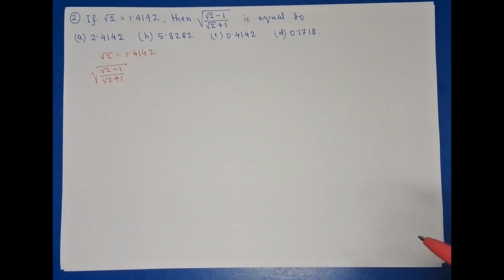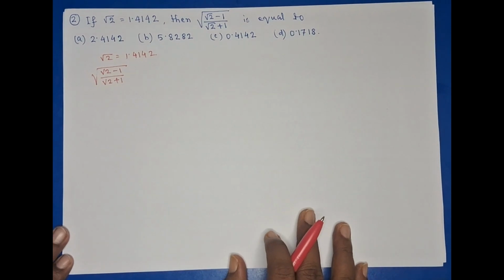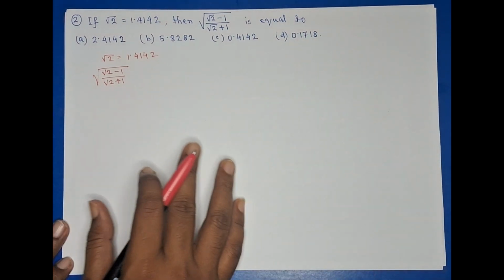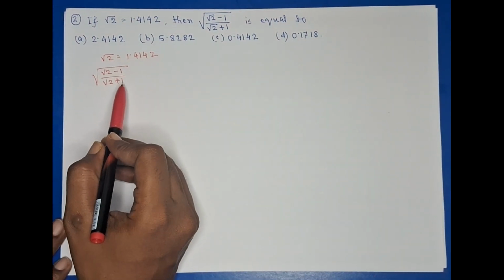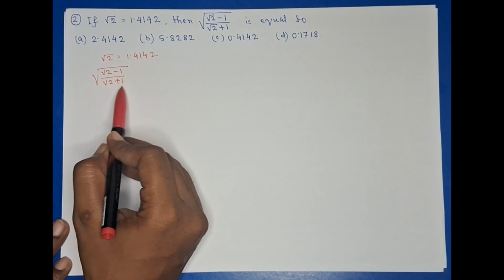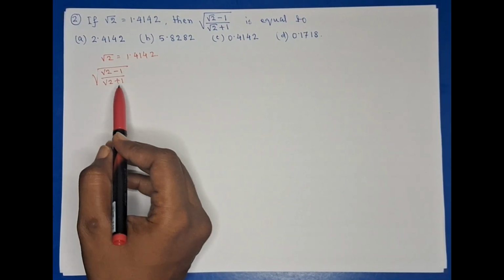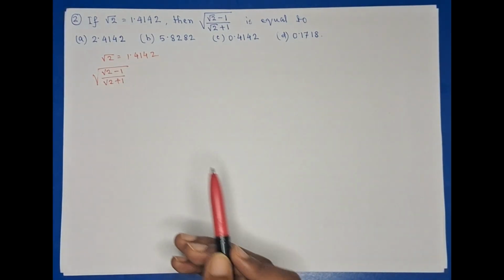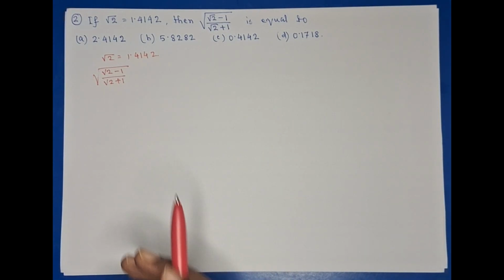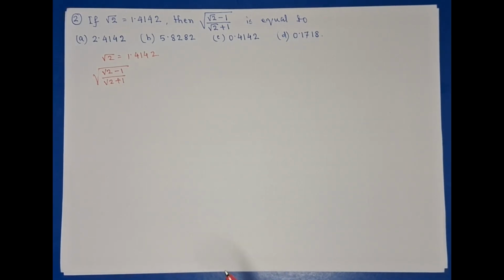And now square root of (root 2 minus 1) by (root 2 plus 1). So what we have to do now is, can you guess what we have to do? We have to make this portion a rational number. This is irrational. We have to make the denominator rational. That is what we call rationalizing the denominator.